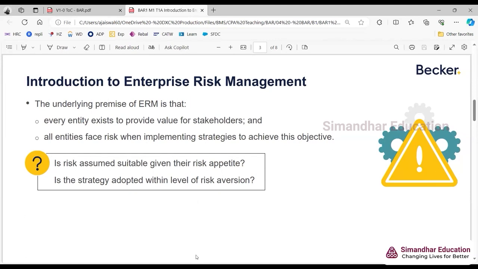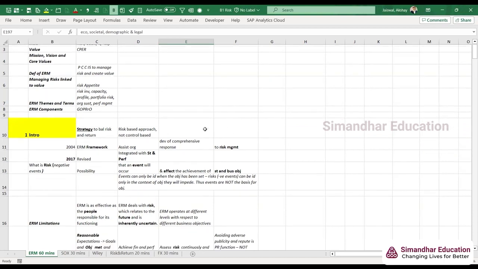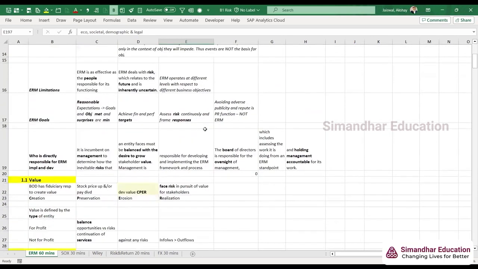So let me go to the Excel summary notes. First, we will go through this, and then we will go through the class notes. Then it will be easier for you to understand. Okay, so let me go here. Value. So what is value?